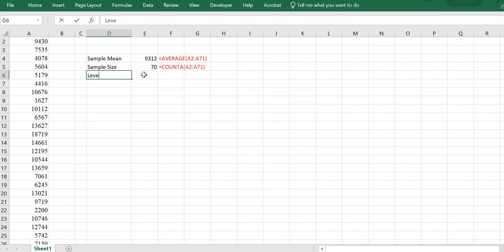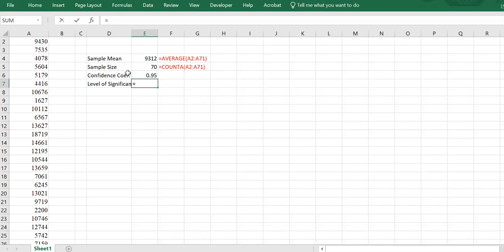We also need a level of significance. Let me just write confidence coefficient and then level of significance. The confidence coefficient is given to us to be 95% in the question.